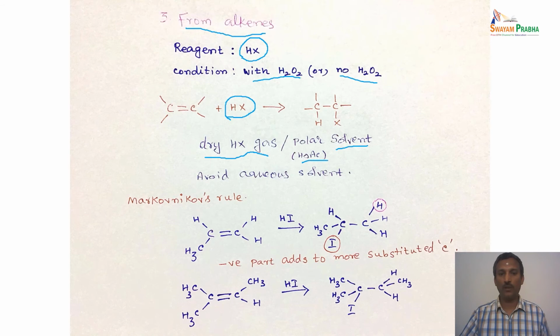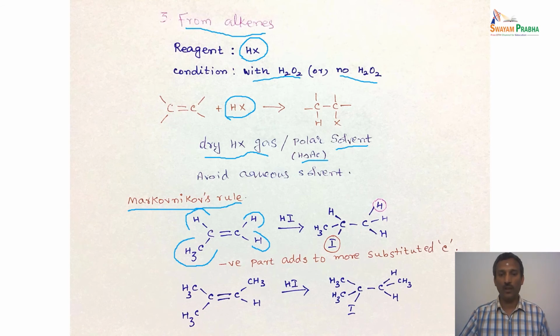The important rule which governs the HX addition to alkenes is the Markovnikov rule. According to this rule, when there is an unsymmetrical alkene, that is, we have a methyl group here, a hydrogen here, and a hydrogen and hydrogen on the second carbon, the HX can add across this double bond in two different ways.